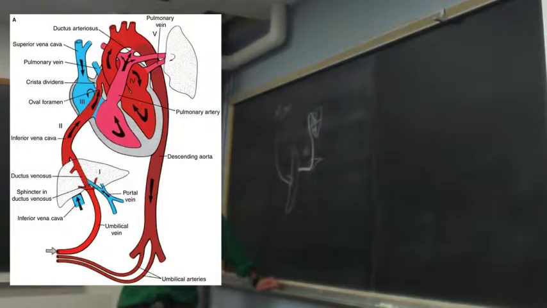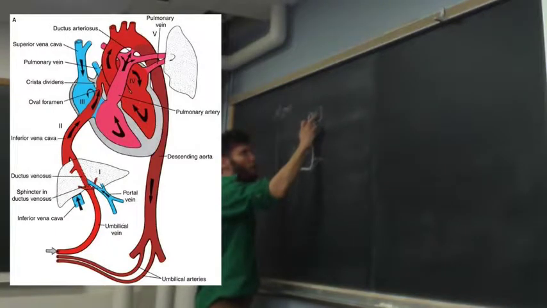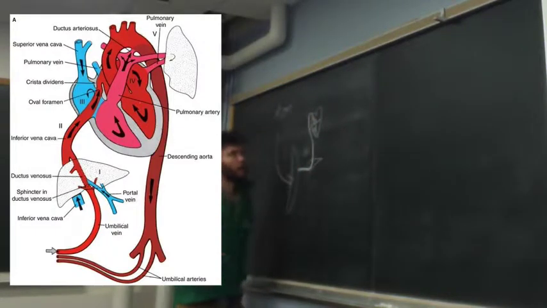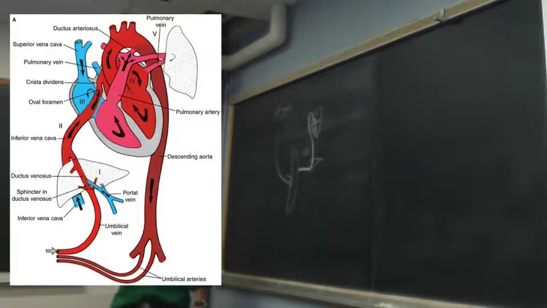However, in babies, that's only partially true. There is in the wall of the right atrium a hole called the Foramen Ovale.